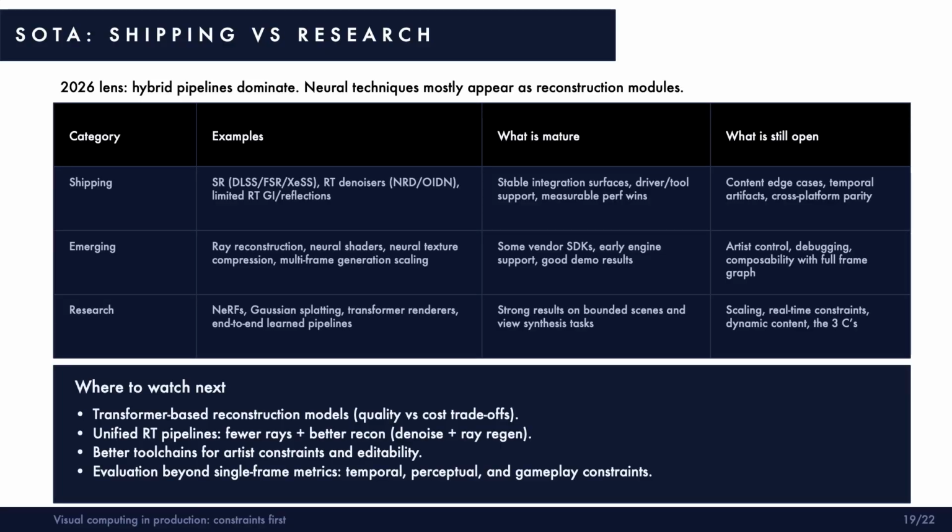That one is a lot of hype right now. And generating assets, a lot of hype, but it's getting better. Here is just a chart that I put together for you about what people are shipping, what's emerging, and what's in research stages.